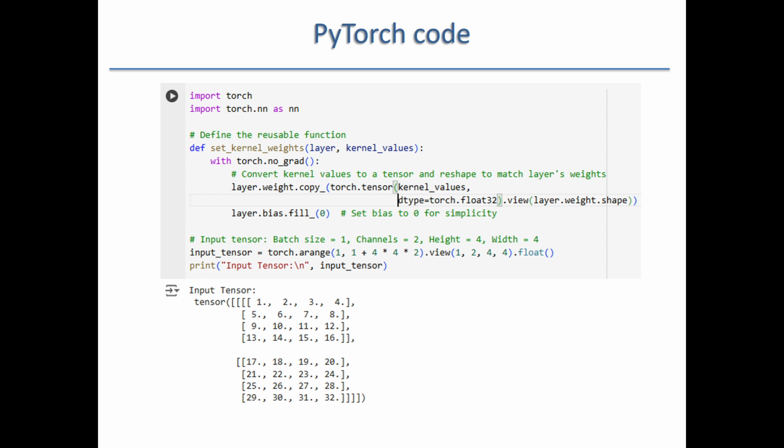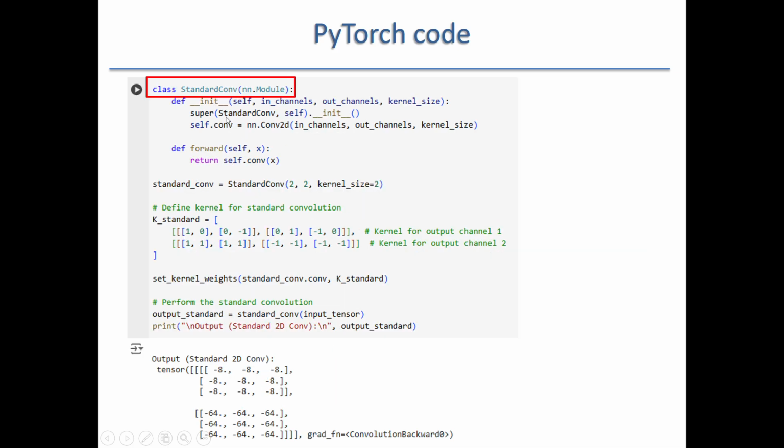So let's say that now we have an input tensor of size 1, 2, 4, 4. It means we have one example, a batch size of 1, and then 2 channels, and each channel has 4 times 4 pixels. This is just to be able to see it properly.